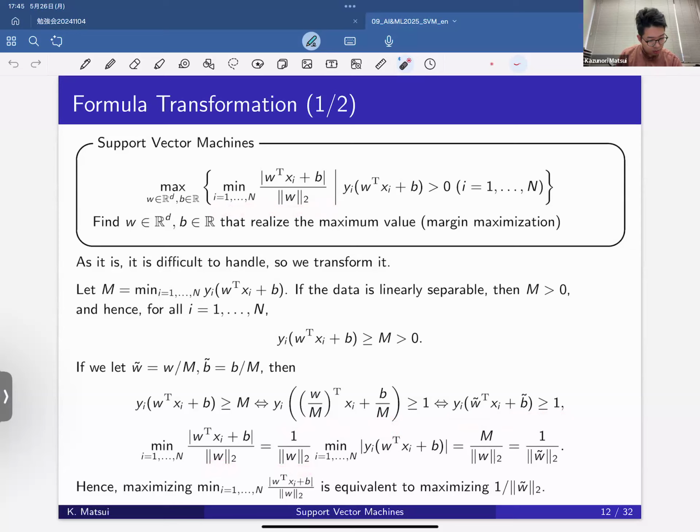And the minimum value part here is exactly the definition of M. So this becomes M, so it becomes M over the norm of W. This can be rewritten as W over M in the norm. So this can be rewritten like this with W tilde, which is W divided by M.